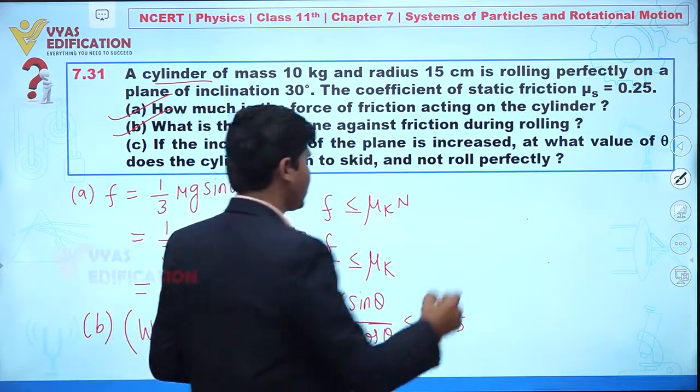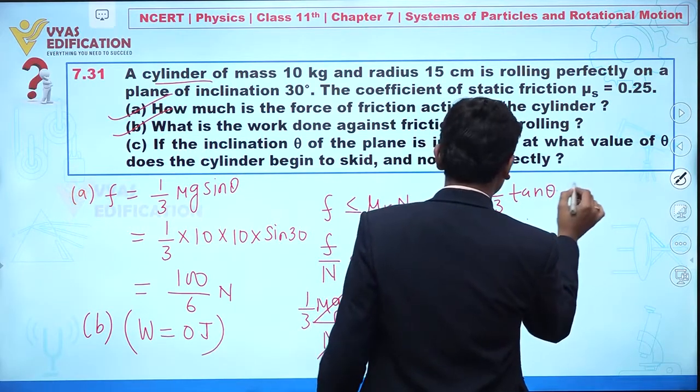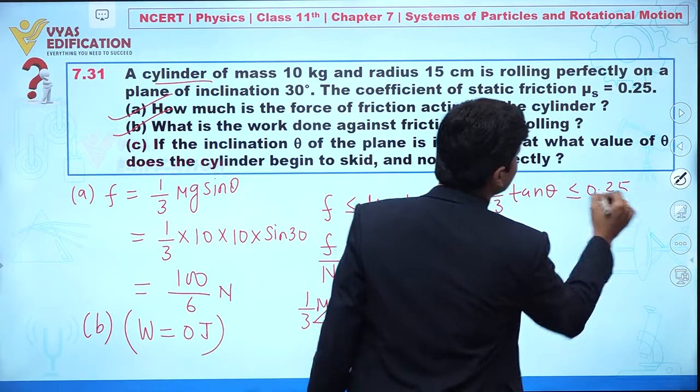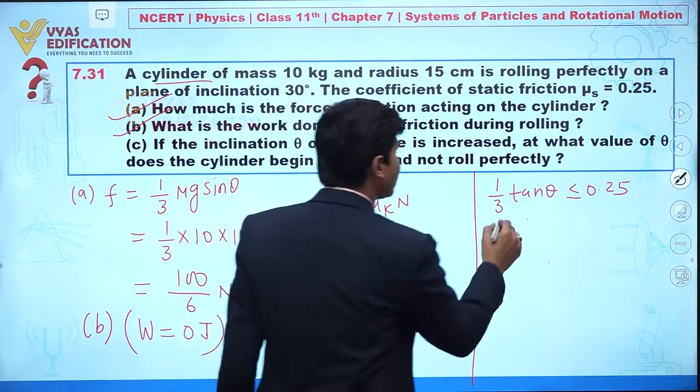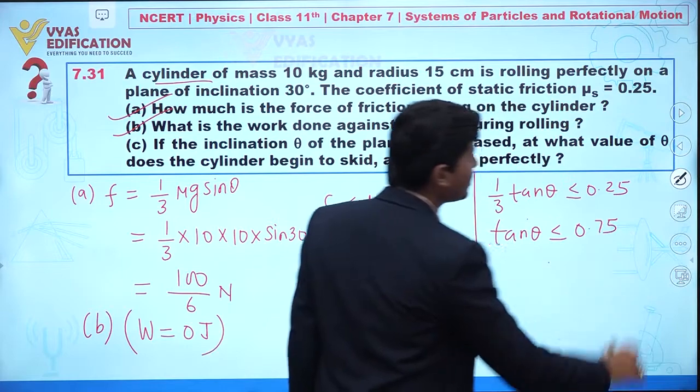Now we can write 1 by 3 tan theta should be less than or equal to 0.25. So from here tan theta should be less than or equal to 0.75.